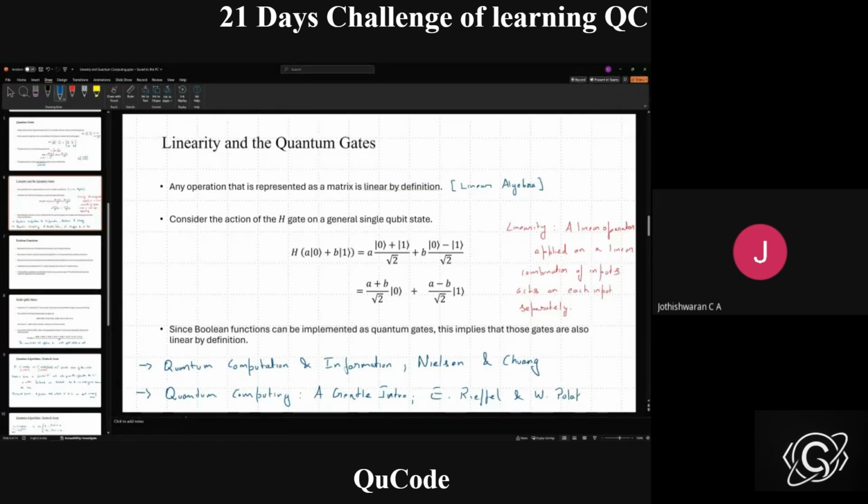So this is Rieffel and Polak. These are the 2 books that I've used, but even Rieffel and Polak is like 7 years old now, and Nielsen and Chuang has been around since, I think, the early 2000s. So it's a 20-year-old book.